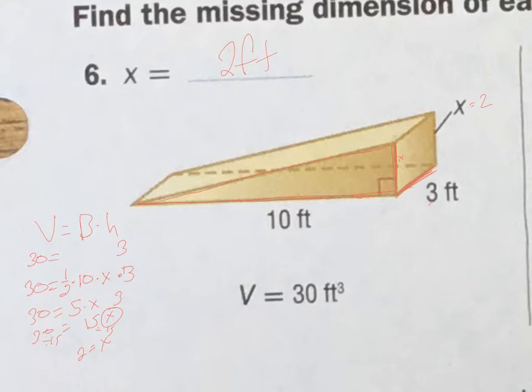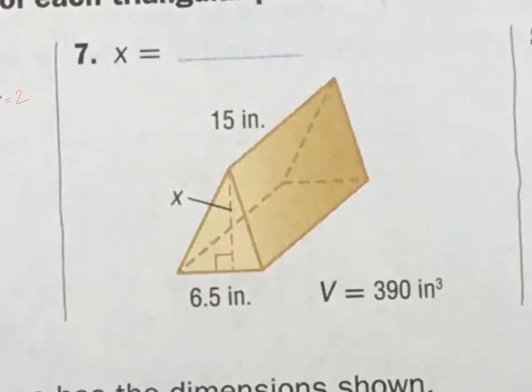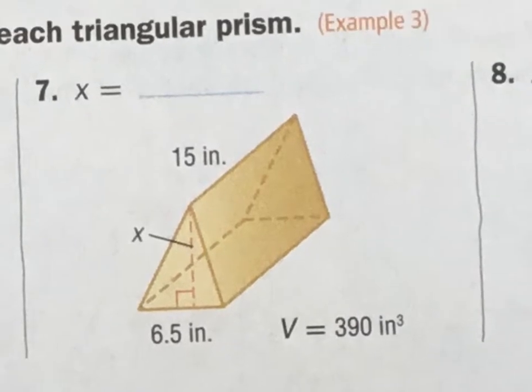Let's keep going. Number 7. So, volume equals big B times H. Looks like we have the height again, which is 15. Looks like we have the volume, 390.